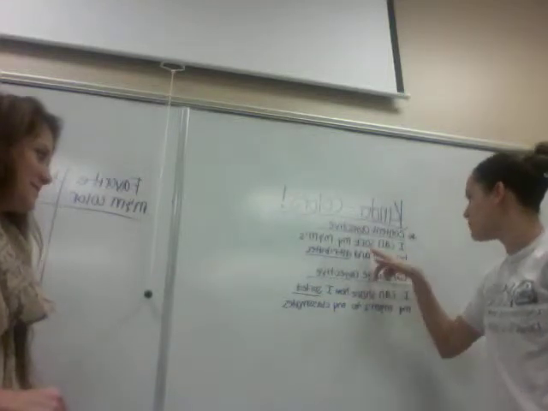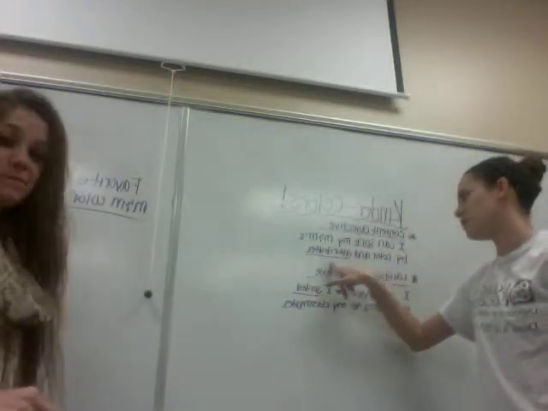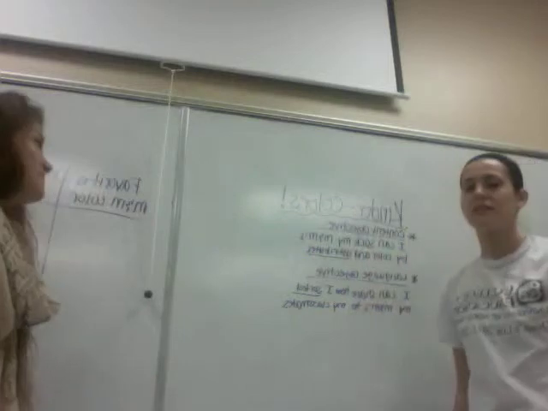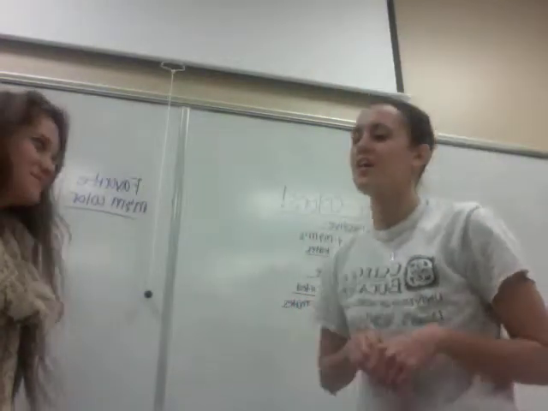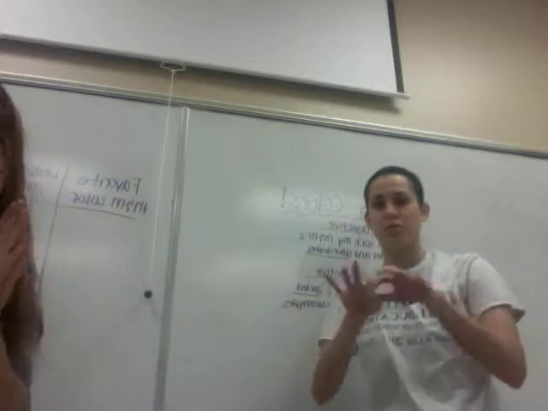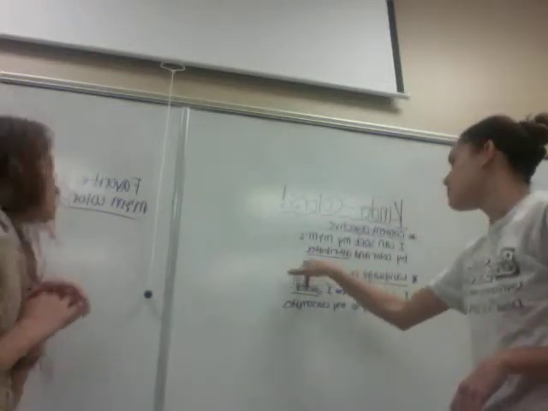So let's talk about these big words, sort and attributes. What do you guys think sort means? Sort might be if you take your M&Ms and you take your red ones and you separate them from your green M&Ms. You're sorting them into different groups. And what do you think attributes might be?